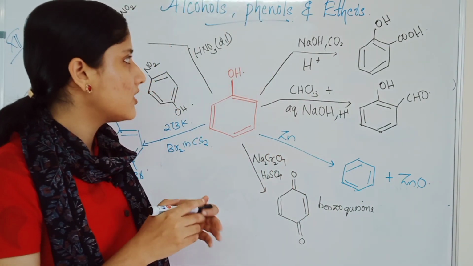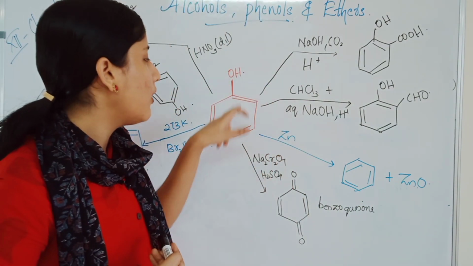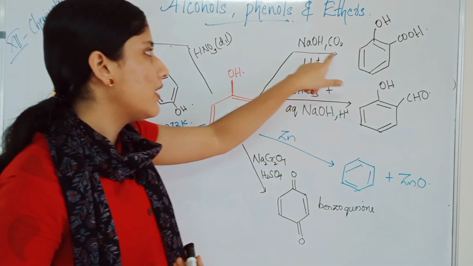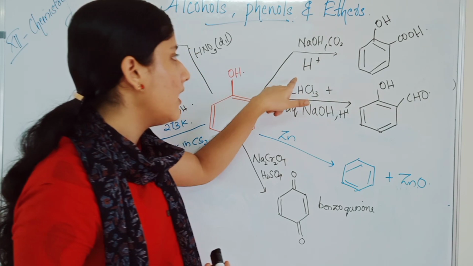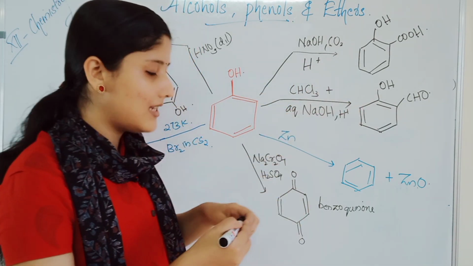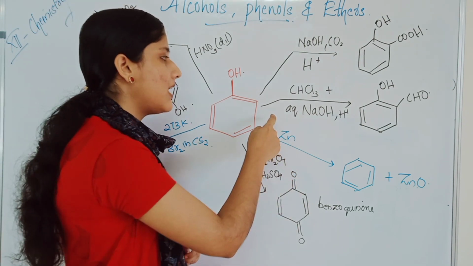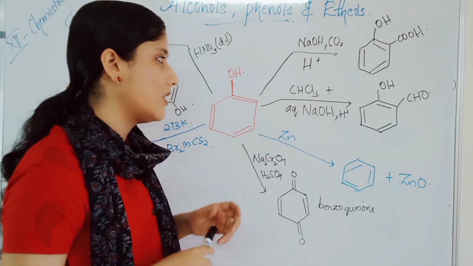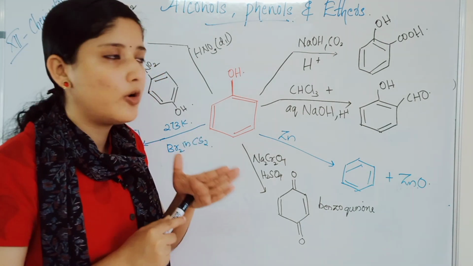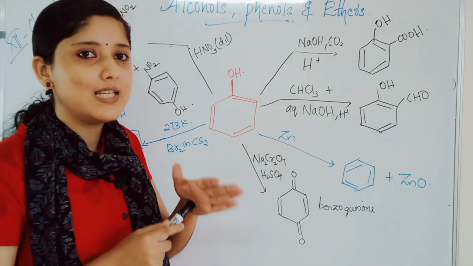In Kolbe's reaction, phenol with NaOH will give you the phenoxide ion, and that ion reacts with carbon dioxide and H plus to give you salicylic acid. Next we studied the Reimer-Tiemann reaction. Phenol with chloroform and aqueous sodium hydroxide will give you salicylaldehyde.